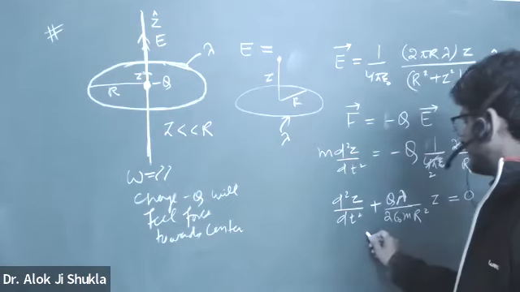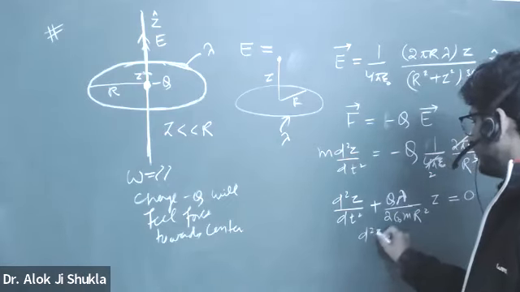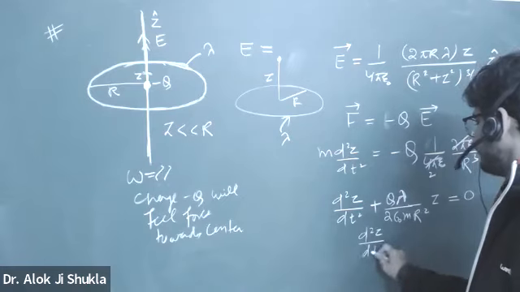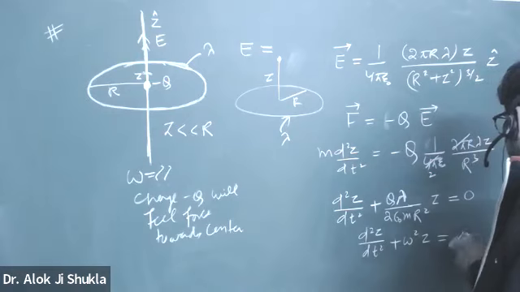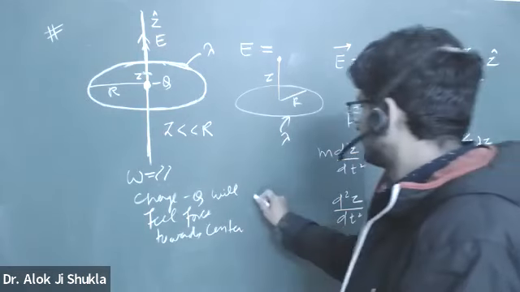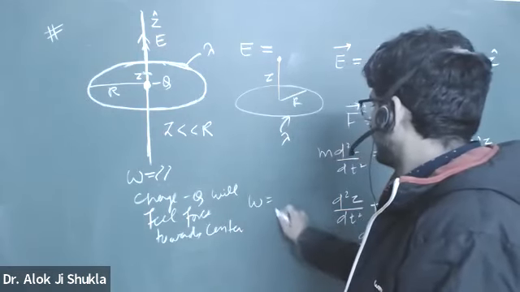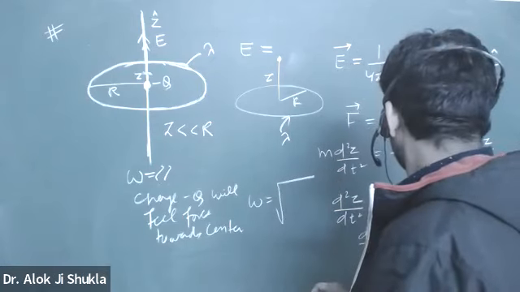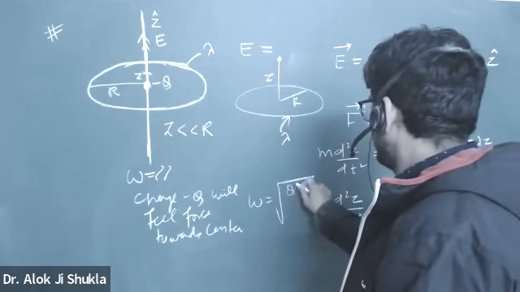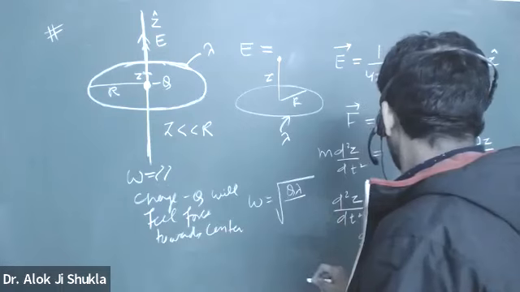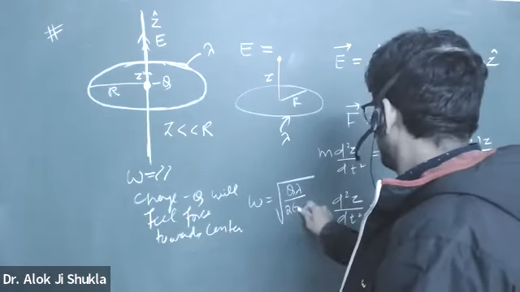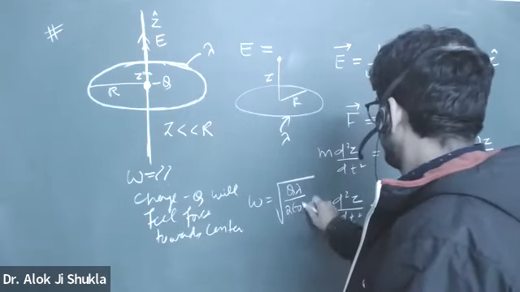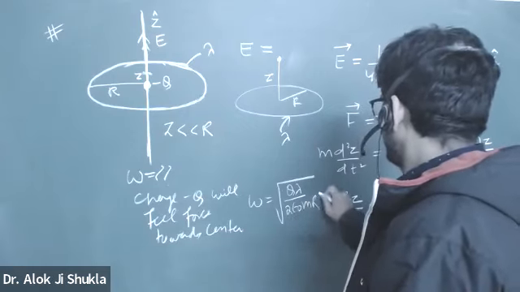So this can be compared with SHM. So what is omega? Under root of Q lambda upon 2 epsilon naught M R square.